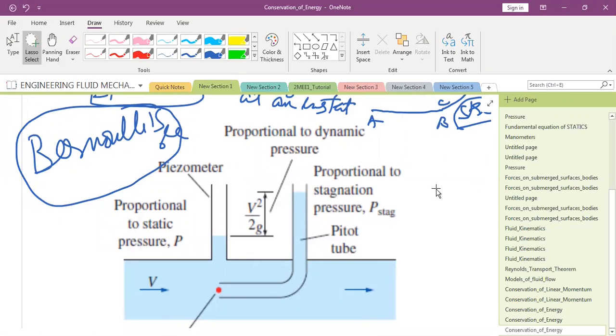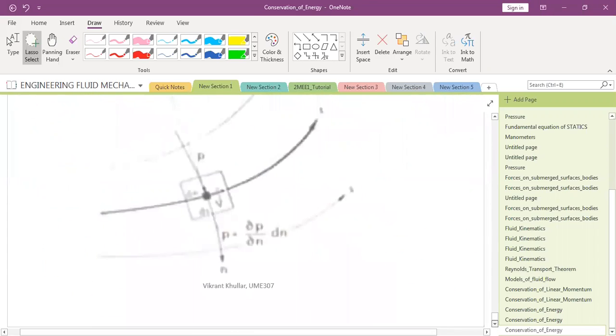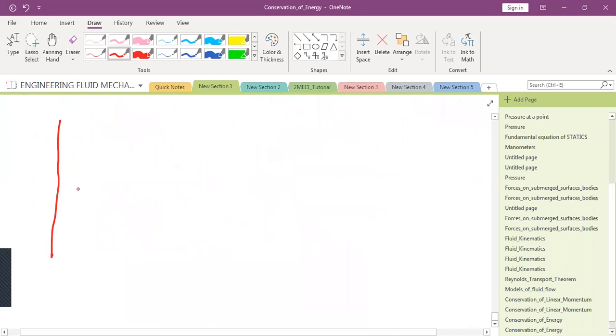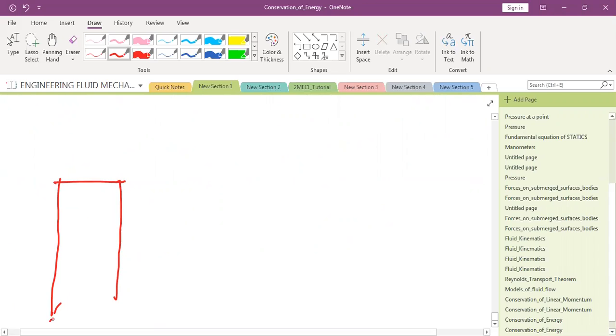Two is right. So if I ask you, say for instance, a very simple example, you have a tank. So this is the tank which is filled up to height h. If I ask you, what is the pressure exerted by this fluid at this location?